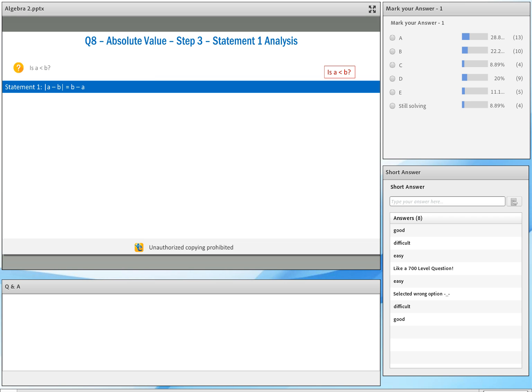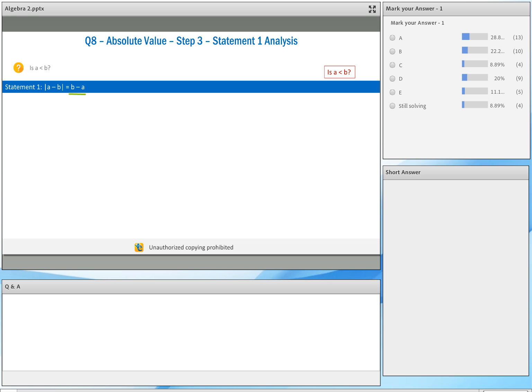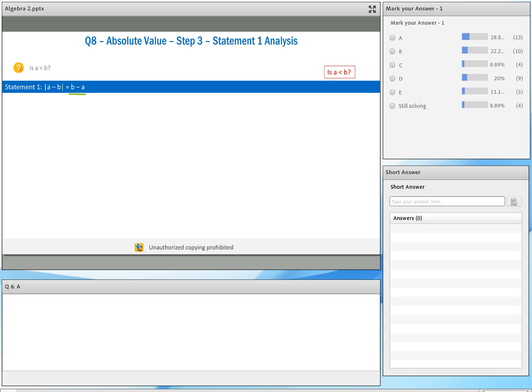If A minus B is a number, and mod of that number is equal to B minus A, what does that tell me about B minus A? That B minus A is non-negative, not just positive, and that is where you made a mistake. B minus A is non-negative.